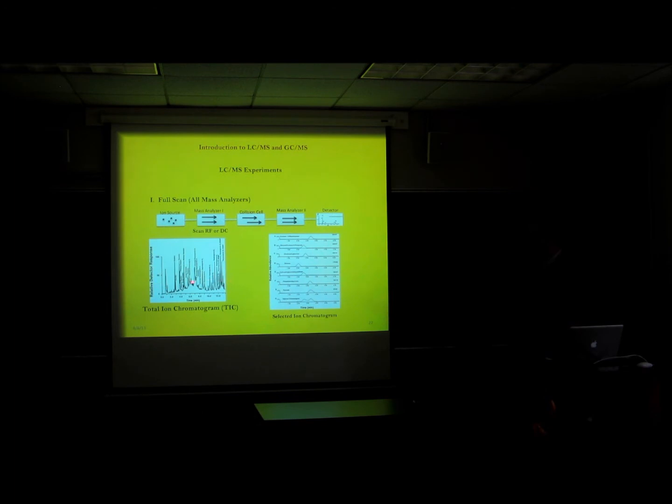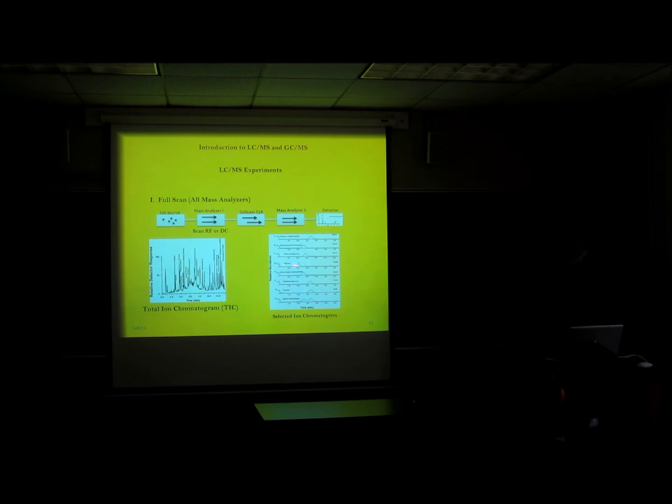Very complex, but if you're interested in finding something of a specific mass to charge ratio in here, you can use the software on the mass spec to go in and do what's called a selected ion chromatograph. So from this mess, you could go in and say, I wonder if there's glucose here, show me M/Z 179.